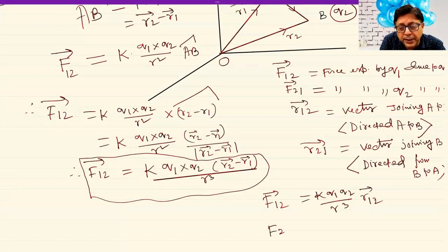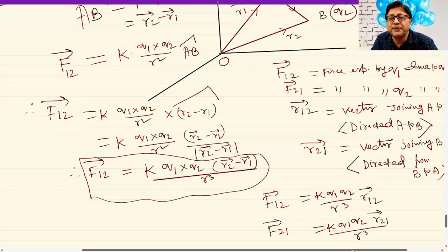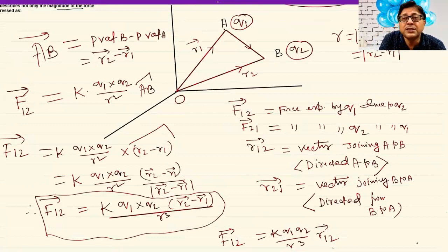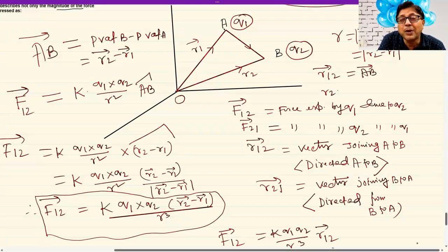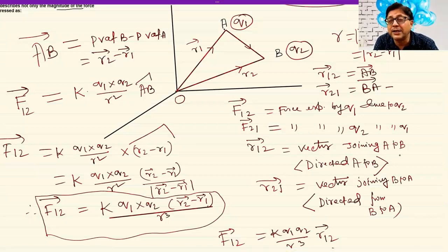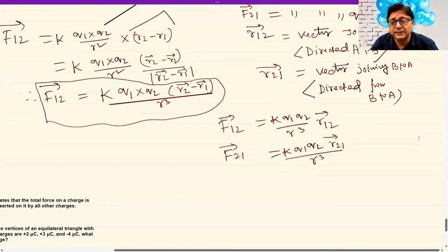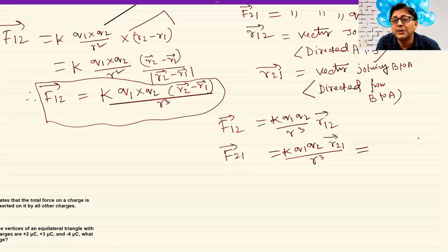Similarly, we can write F21 equal to K into Q1 Q2 R21 by R cube. This is also vector form. And you can see a very interesting thing over there. This R12 we have taken as the AB vector. What is the R21 vector? R21 vector is the BA vector. So don't you think that they are equal and opposite? So this is minus AB. Therefore we can write R21 equal to minus R12, so F21 equals minus K Q1 Q2 by R cube R12.